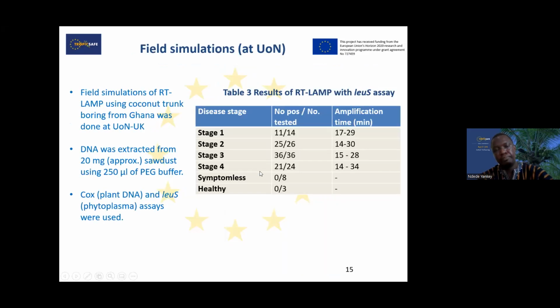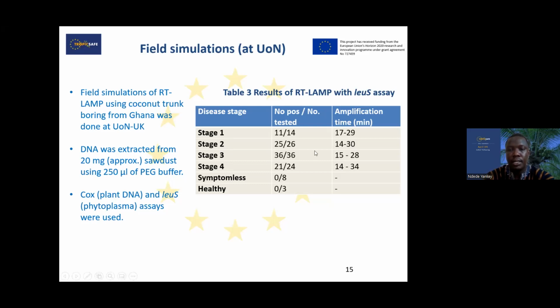So after improving the rapid DNA extraction protocol, the team was supposed to have come to Ghana for us to work in the field, but due to COVID, they were unable to do so. So field simulations were done at the University of Nottingham, using the rapid DNA extraction protocol and the real-time LAMP, and with the samples that were collected during the nationwide survey.